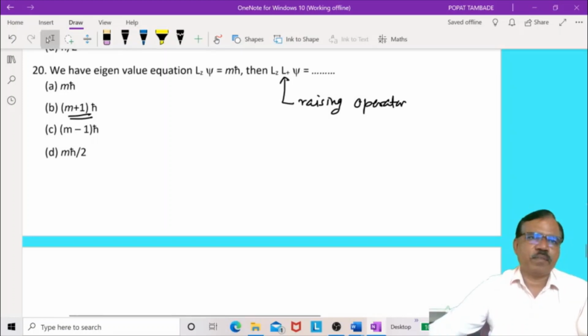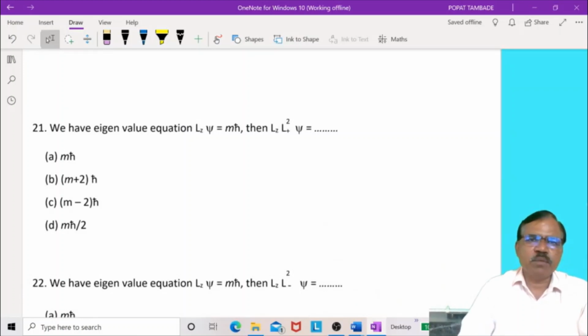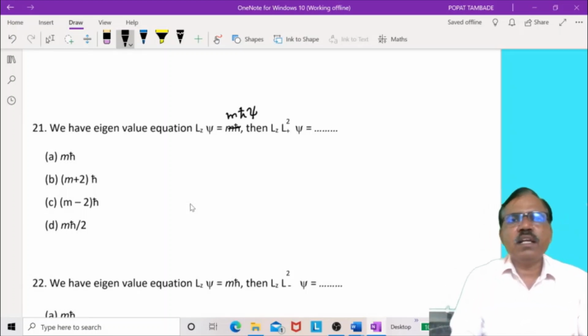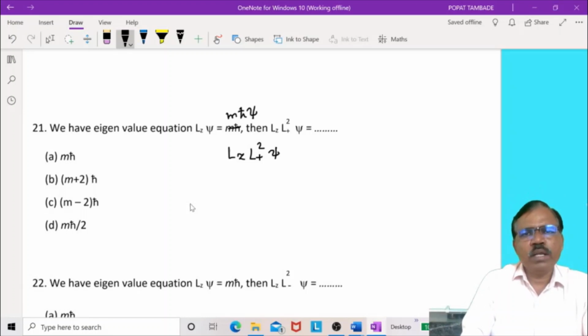Raising operator. Next one, we have the eigenvalue equation Lz psi is equal to m h bar psi. Then Lz L plus square psi will be equal to Lz L plus psi, we can write this.